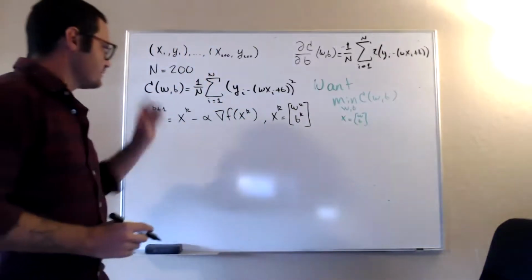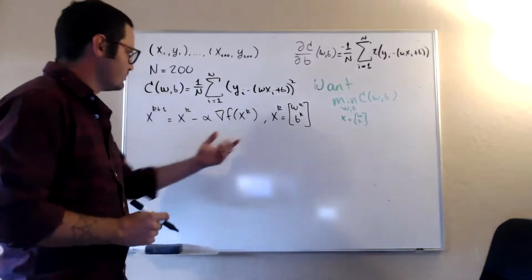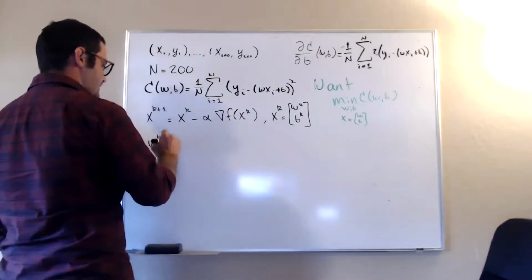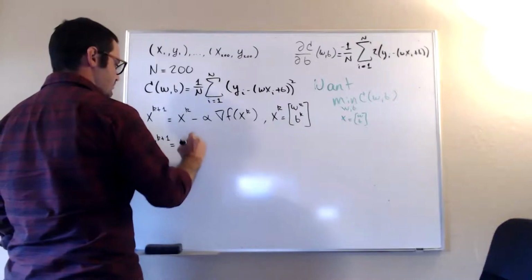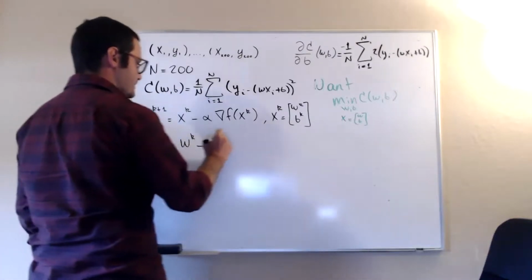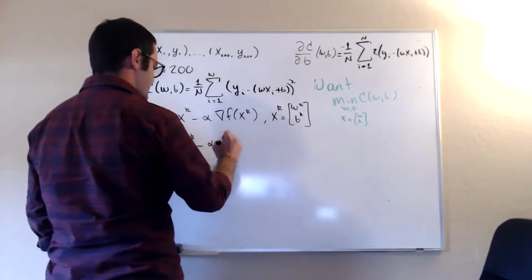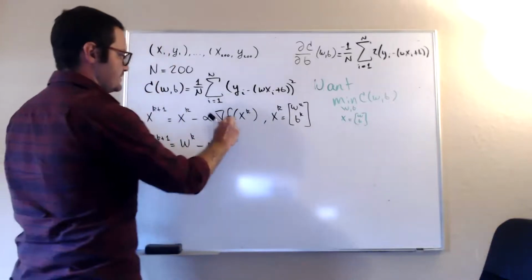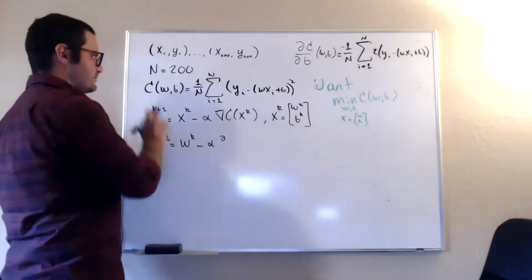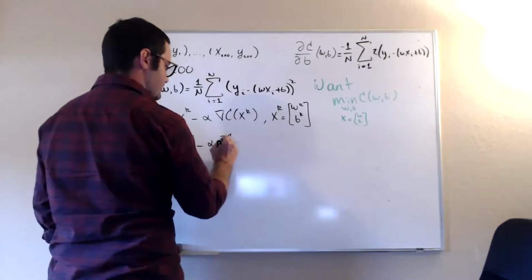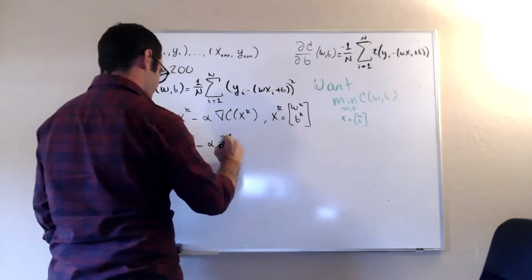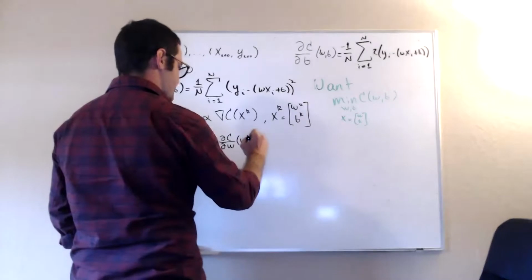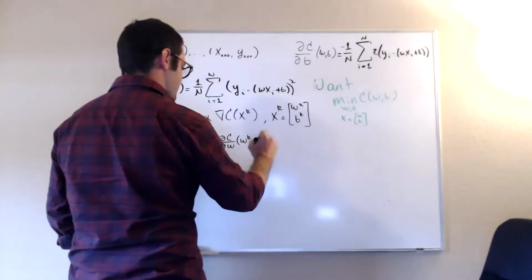Another way of doing this in a simpler form, if you're not comfortable with these vectors, is to say that the weight at k+1 is equal to the weight at k minus alpha times the partial derivative of the cost, we're minimizing this, with respect to w at the point (w_k, b_k).